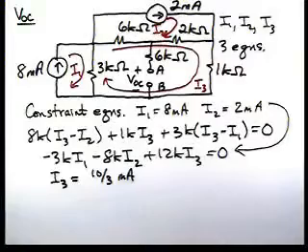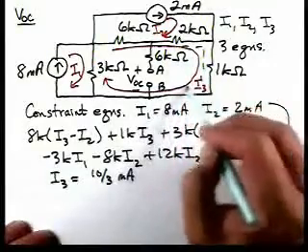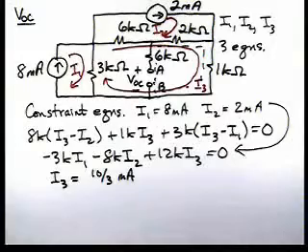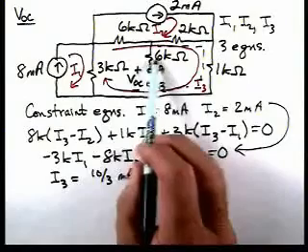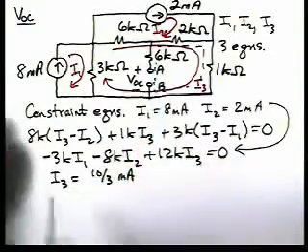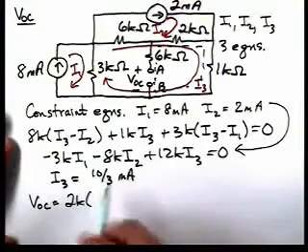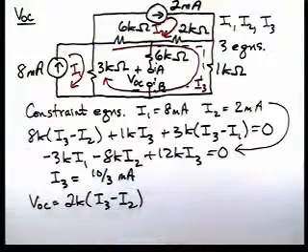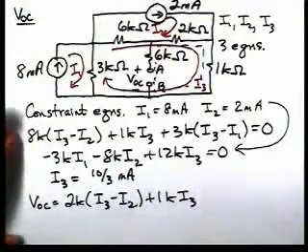Now to calculate V open circuit, let's apply KVL around this loop. Now the voltage across this resistor is going to be 0 because there's no current flowing through it. So V open circuit is going to be 2K times I3 minus I2 plus 1K times I3.